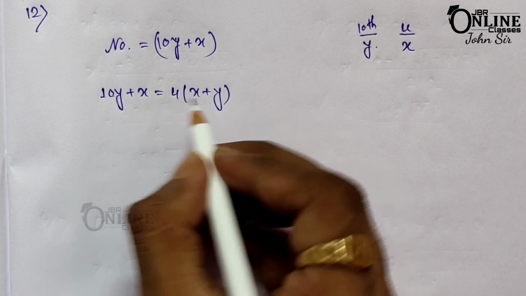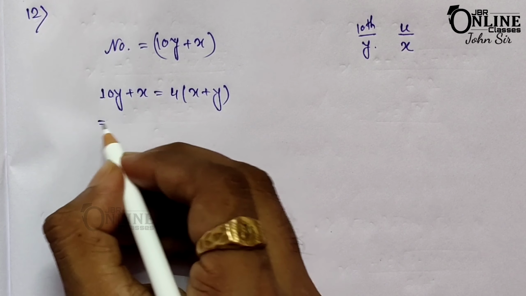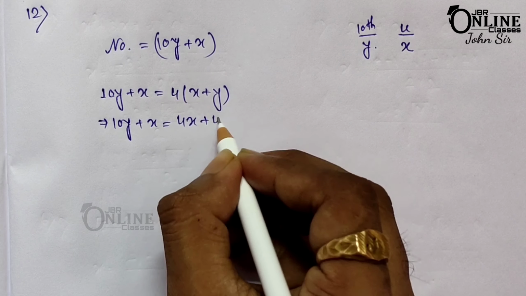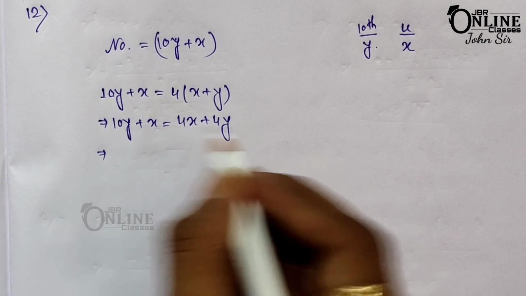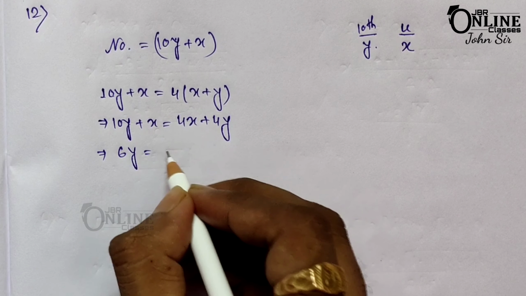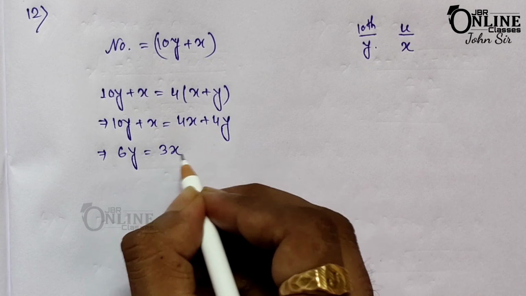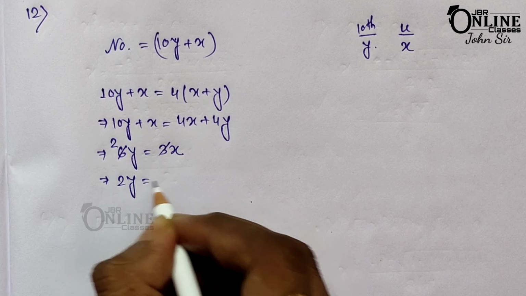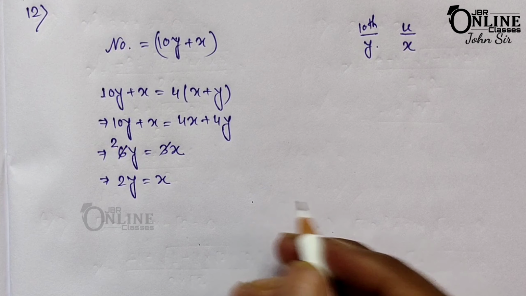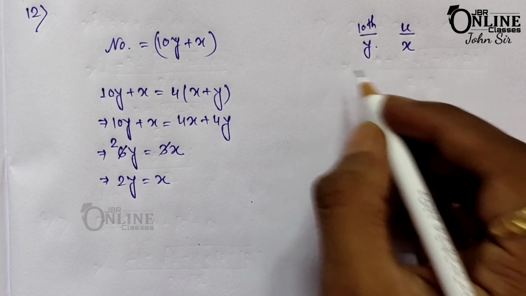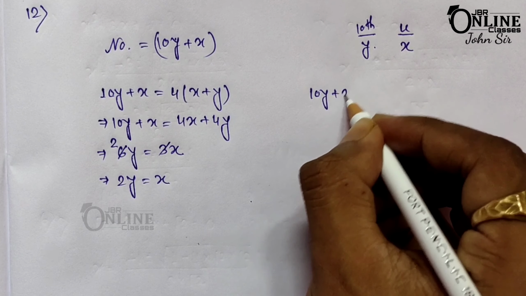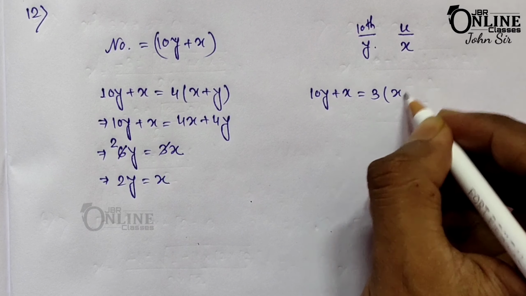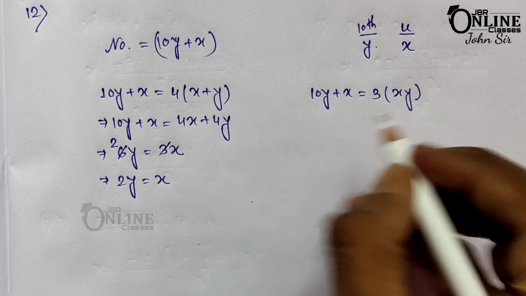So 10y plus x equals 4x plus 4y. Then here 10y minus 4y is 6y, and 4x minus x equals 3x. So 3 cancels out with 6, so 2y equals x. Now from the second condition, the number will also be equal to 3 times the product of its digits, that means 3xy.